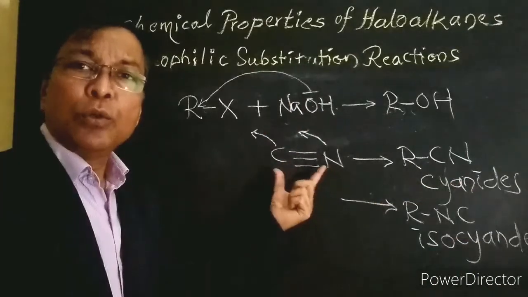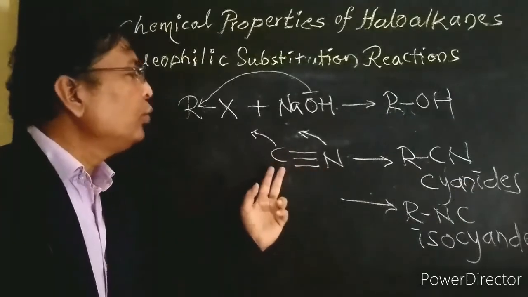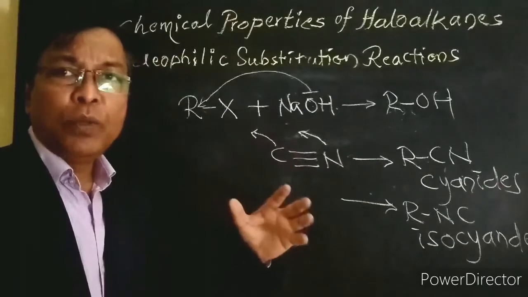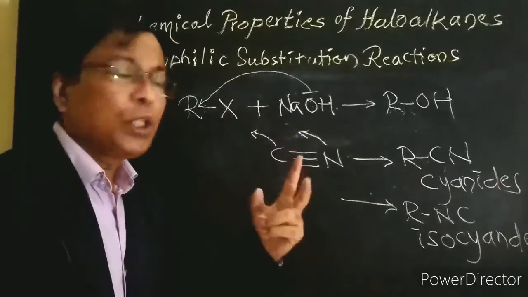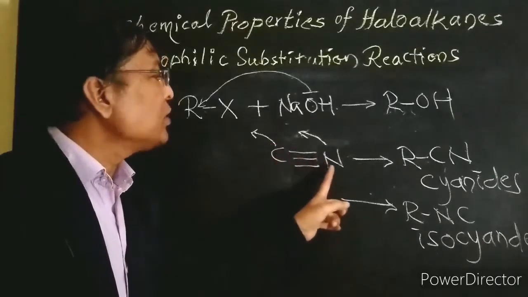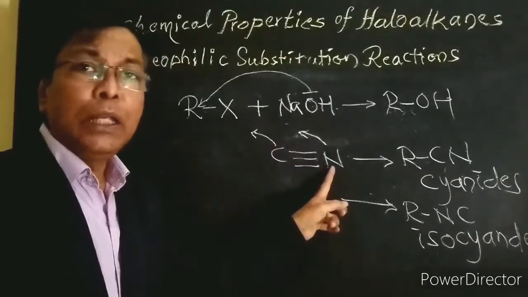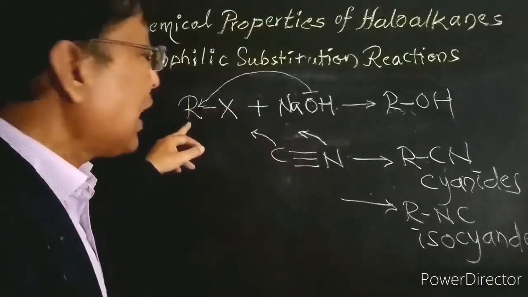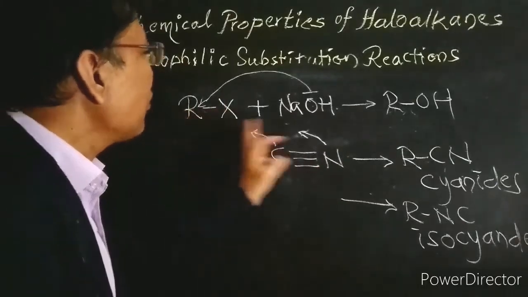Such nucleophiles which have two nucleophilic centers, that means the nucleophiles which have two electron rich centers. Here carbon is also electron rich as well as nitrogen is also electron rich. It can form the linkage with the alkyl group either from carbon or from nitrogen.